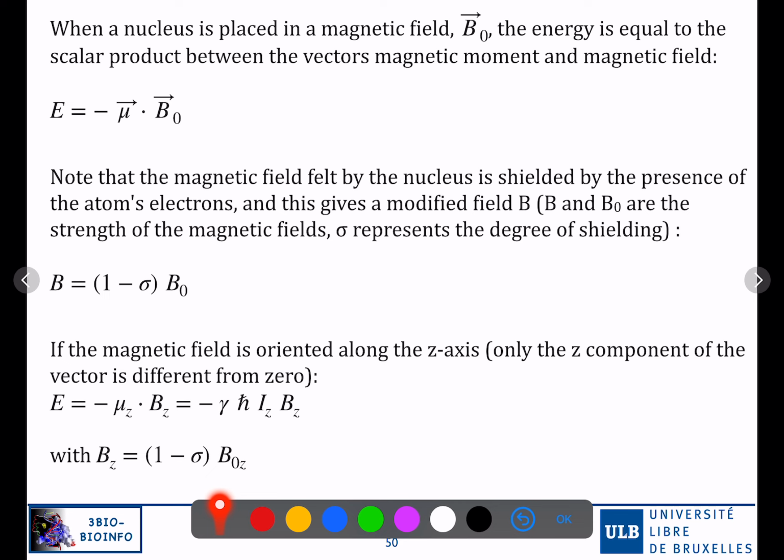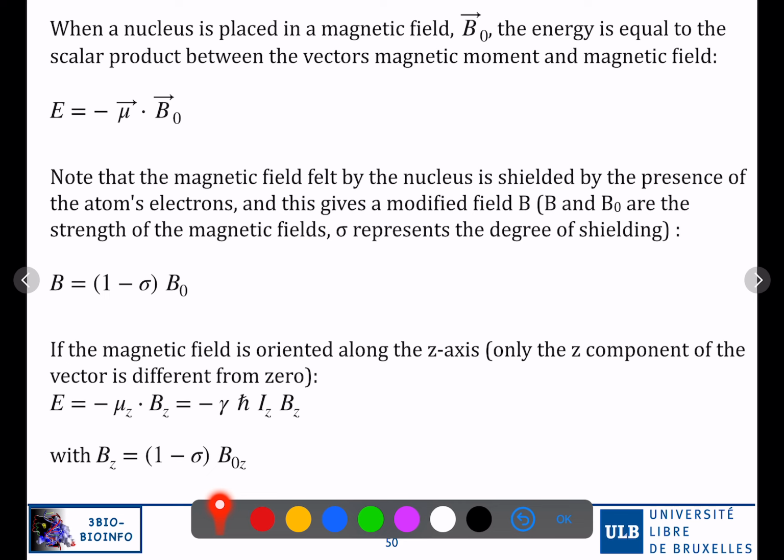Here I will just make a note, and we will discuss this note again a little bit later in this video about NMR. You have to keep in mind that you have one nucleus, but around this nucleus you have, of course, electrons.